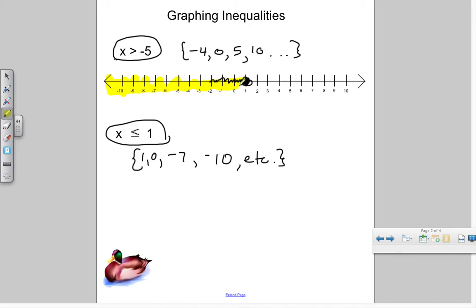That didn't come out as well as I would have liked, but okay. And I do the arrow as well, showing that it continues on in that direction. Please notice that a highlighter is fine, but the closed circle is key. So here I'm using a closed circle to show 1 is included.